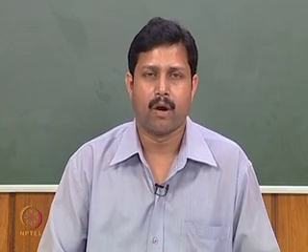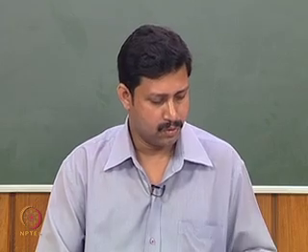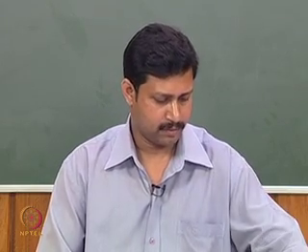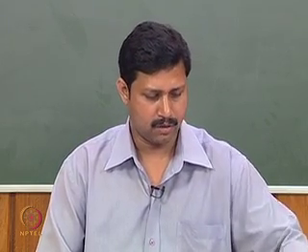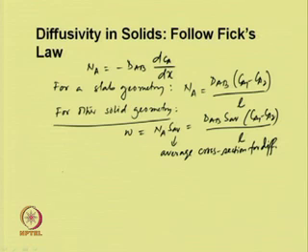But the solubility of CO2 in the rubber or polymer will depend on the partial pressure of CO2 on the surface, or it is directly proportional. So, the solubility and the concentration we can directly relate with C A.